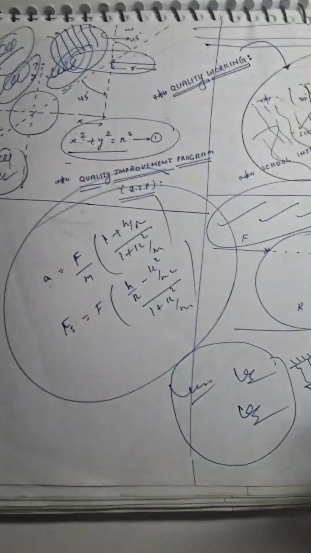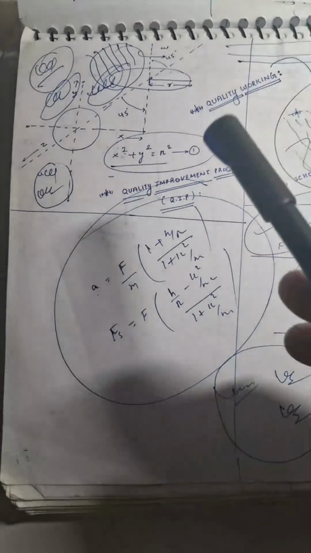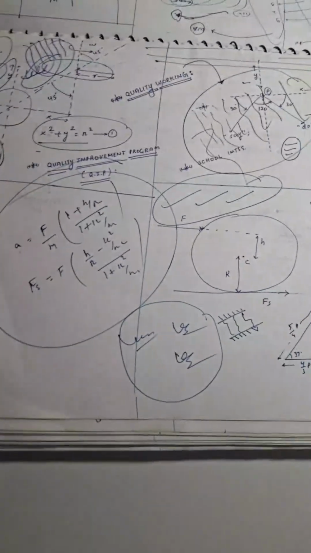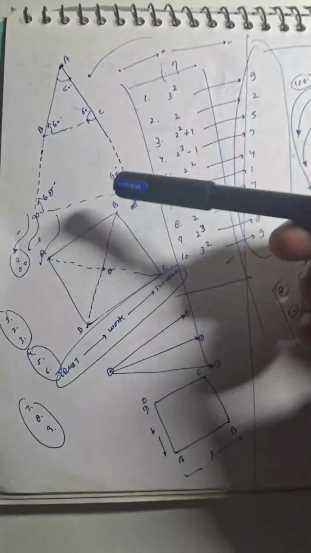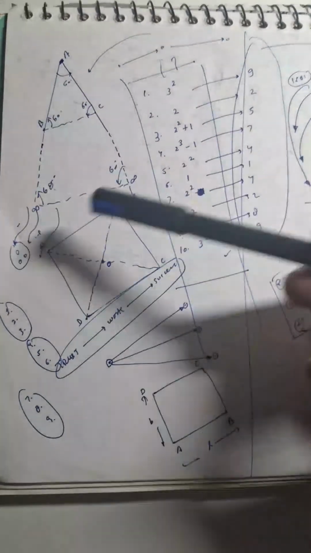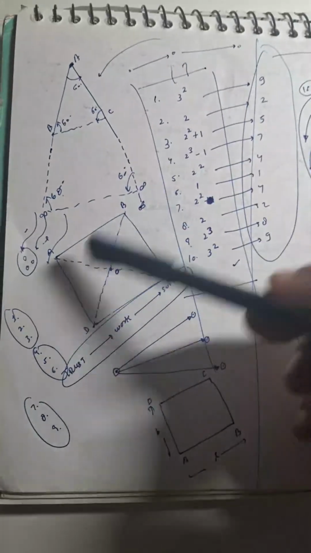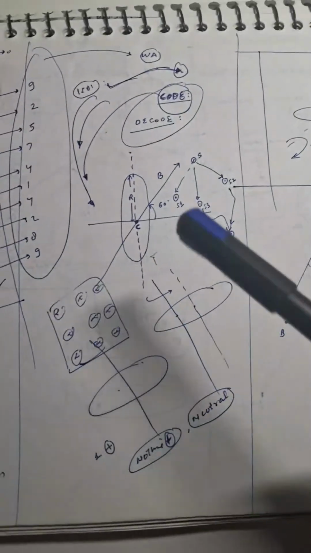Then we have another video on the concept of analysis of qualitative working as given over here. The discussion involves the variation of graphical analysis and the questions based on them. So it's about the triangle, the square, the various terms, the various concepts related to that.